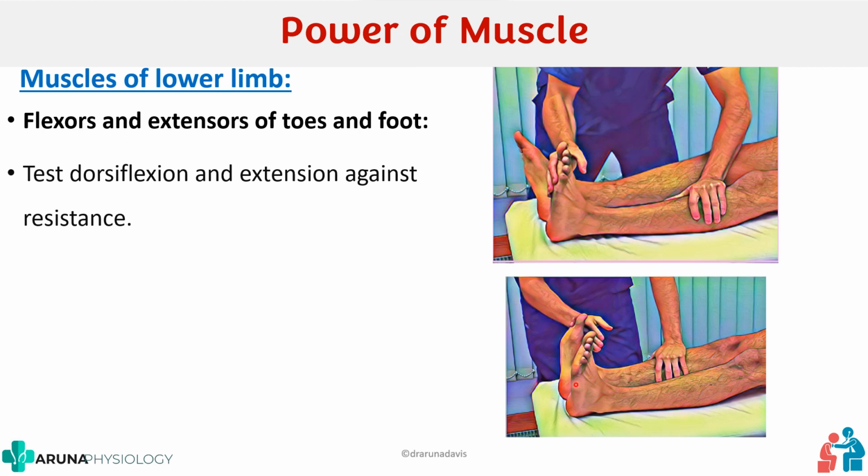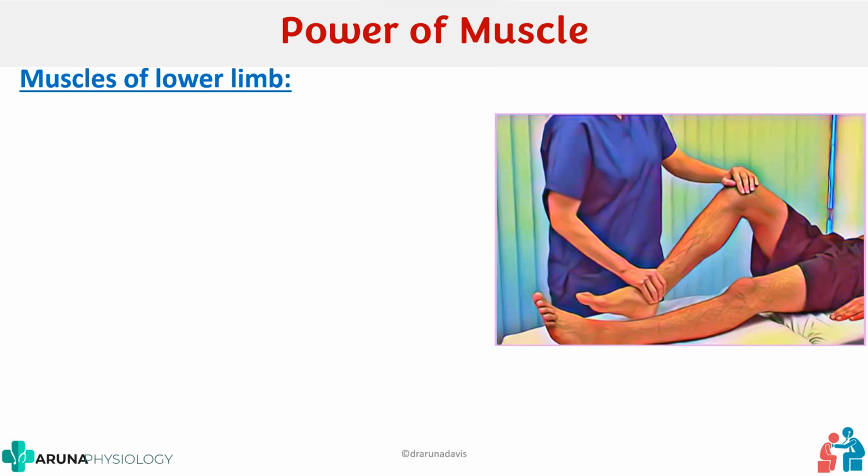And here the person is trying to do a dorsiflexion against the resistance applied by the examiner. So you ask the subject to dorsiflex against resistance, and plantar flex against resistance, and remember you have to do it for both limbs. That will complete the flexors and extensors of the toe and foot. The next group of muscles is the extensors of the knee.